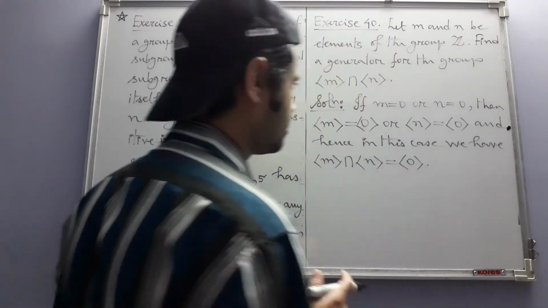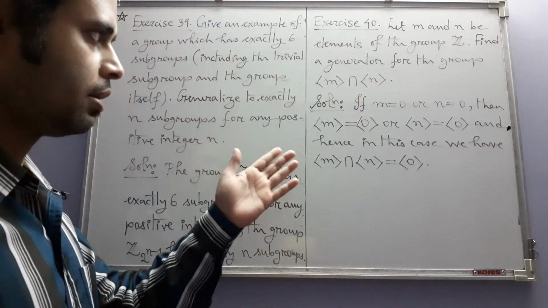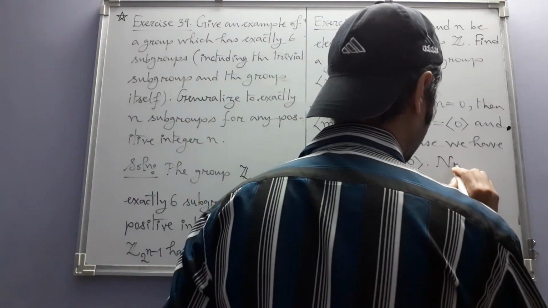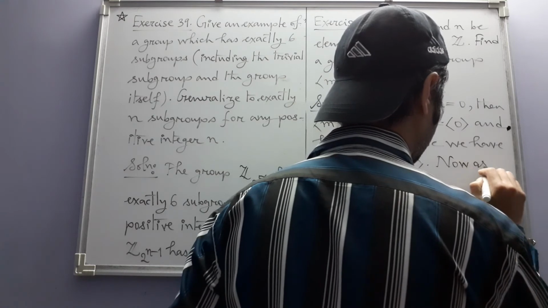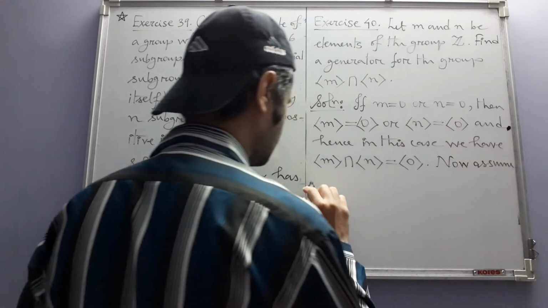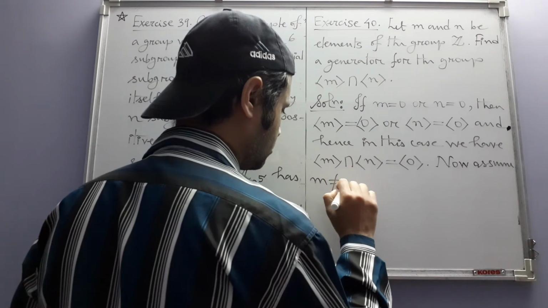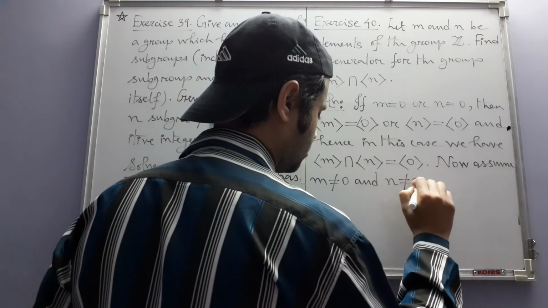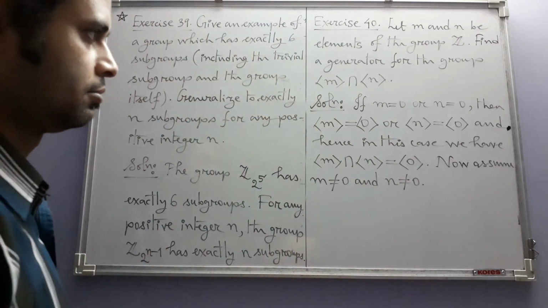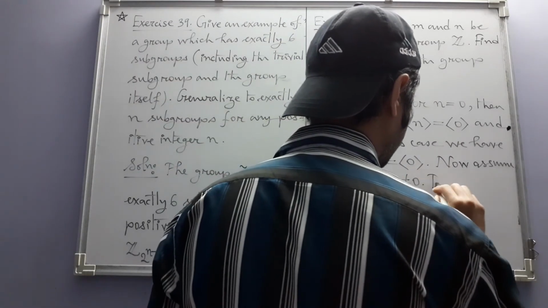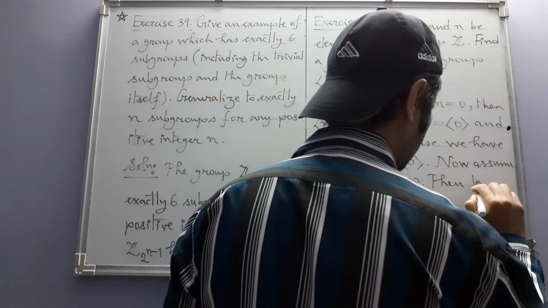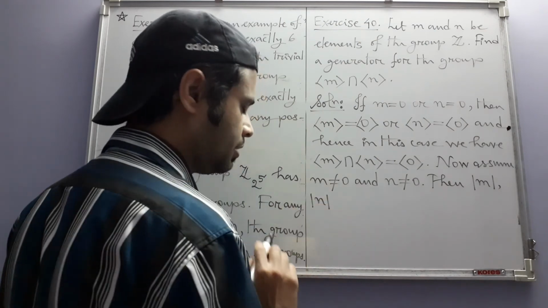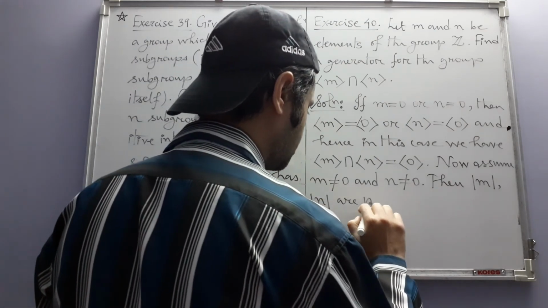So now we can assume the case where none of these integers is 0. Then the absolute values of these integers are positive integers.